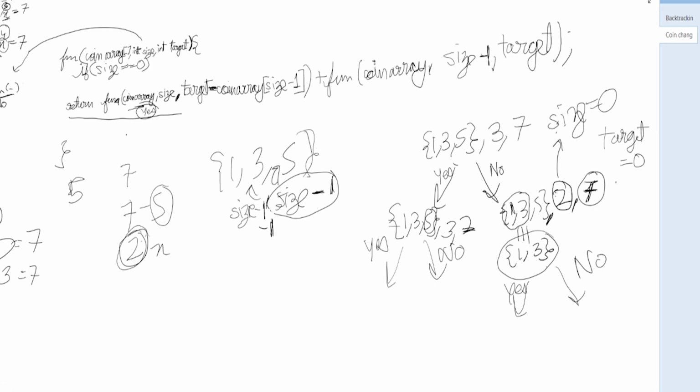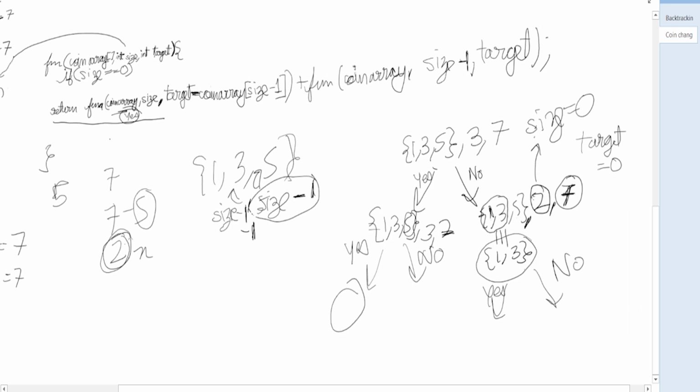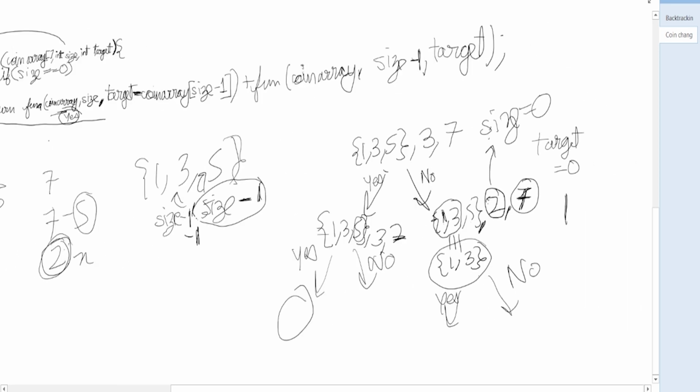We can exceed our target, right? If we take 5 two times, here we will exceed, 5 plus 5 is 10. So we'll stop when target is less than 0. But for here we'll return 0 because we did not find the right combination. Here we'll return 1 because we found the right combination. So we found one right combination.